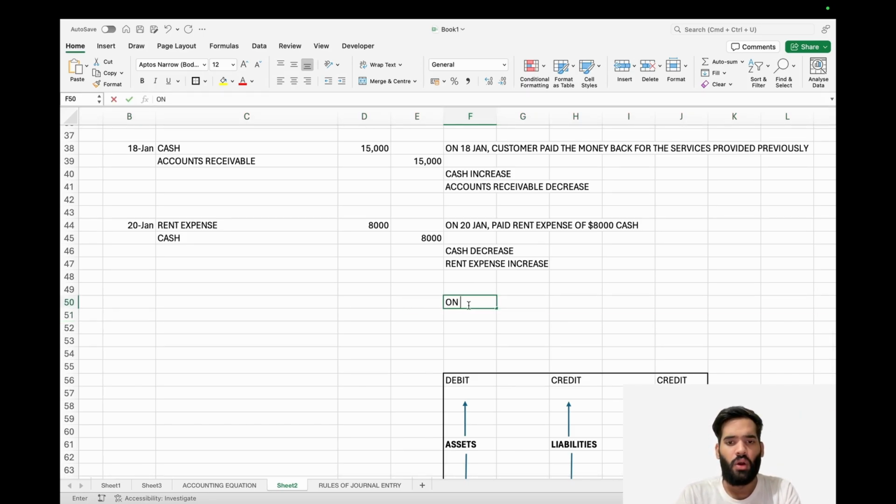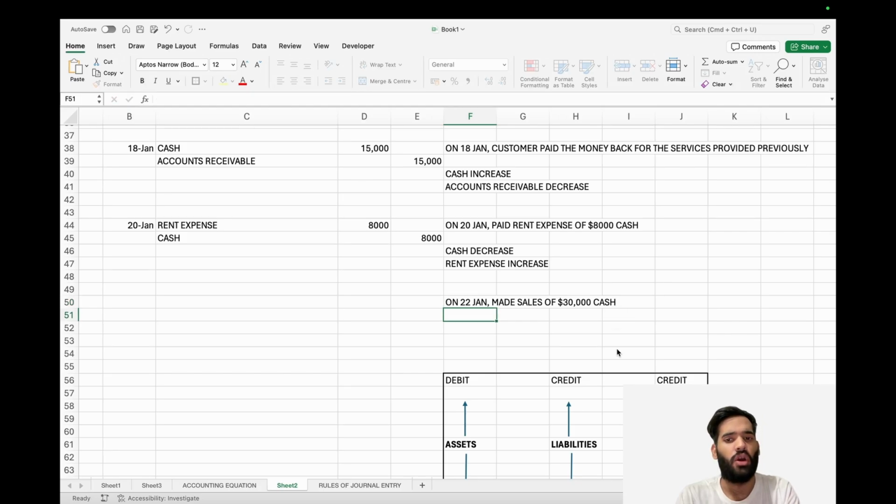Let's say on 22nd of January, made sales of $30,000 cash. Okay, so we already discussed making money through service. Now we are making money through sales. So our cash will increase, since of course we are receiving money for the sale, and our revenue will increase since we are earning money.